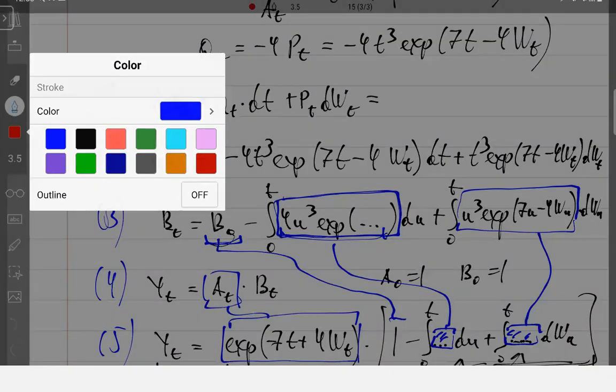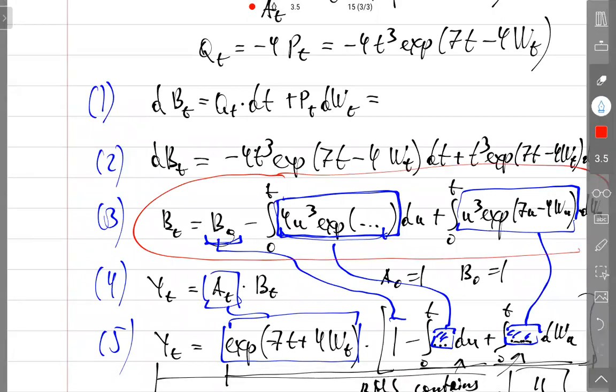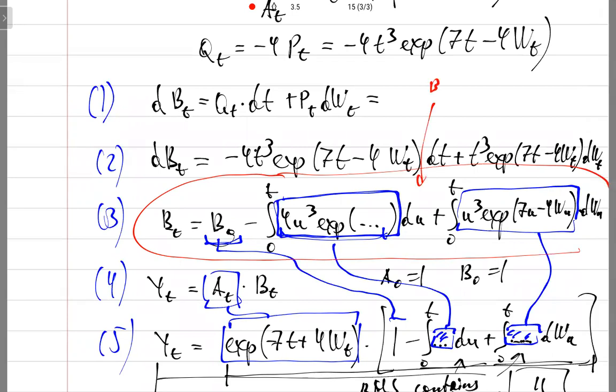You can try to apply it, but you will fail because this process is very complex. Obviously, it's not a function of just t and wt. From this integral, we see that Bt depends on the whole trajectory of the Wiener process from 0 up to t, not only on the last value. How can we understand that we cannot use this substitution? Try it and you will obtain a contradiction.